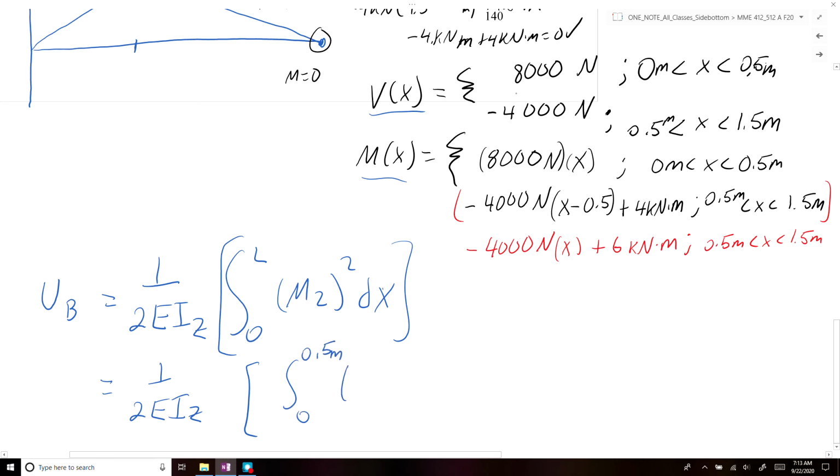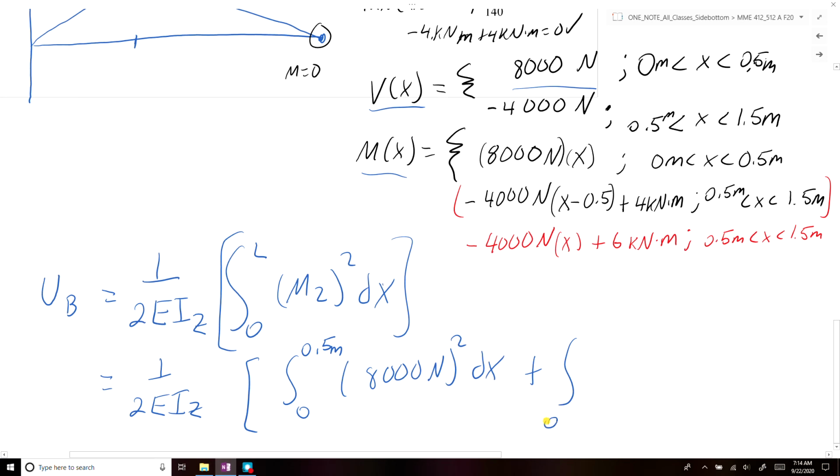We plug in our M of x term, and then we have to do the rest of the integral across the whole length. So we're going to go from 0.5 meters to 1.5 meters.